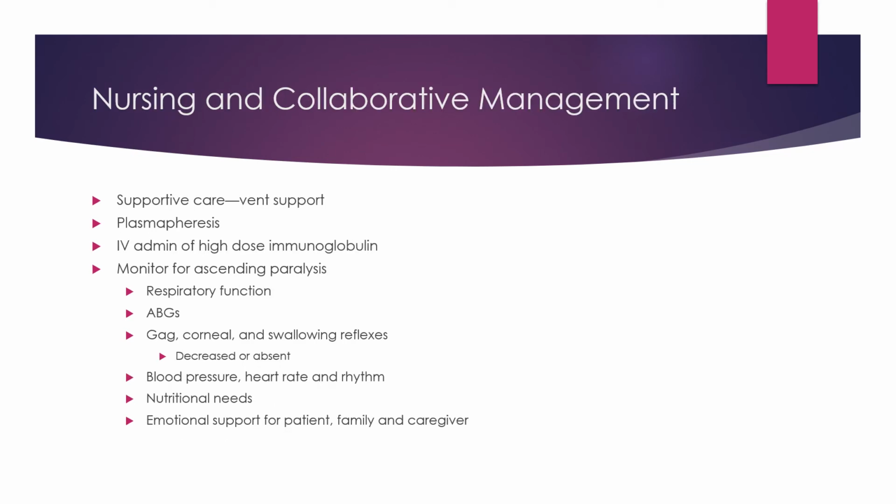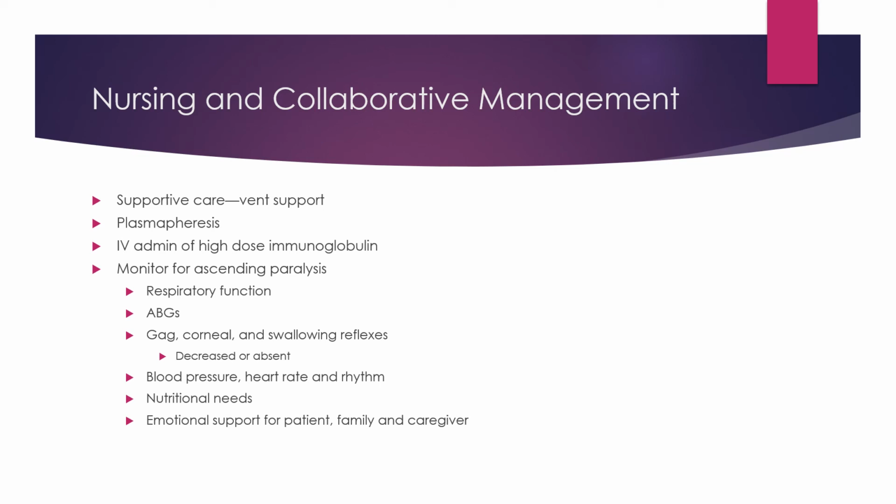So we want to give supportive care. Again, we're assessing neurologically, we're assessing respiratory every 15 minutes. We're providing support as needed because it's an autoimmune disease that's causing this demyelinating nerve disorder. Plasmapheresis is an option there to switch out those antibodies, get rid of them so that it stops eating away at our nerves.